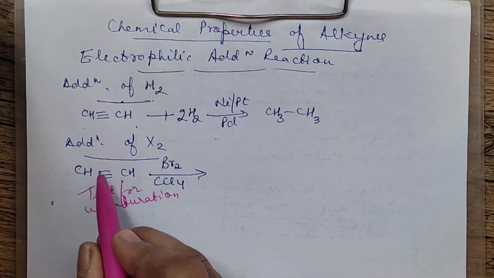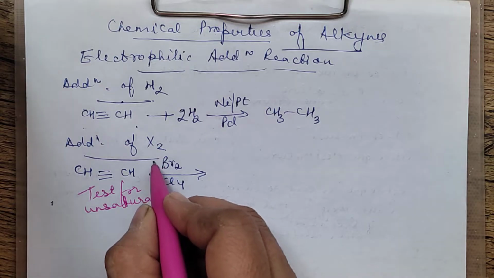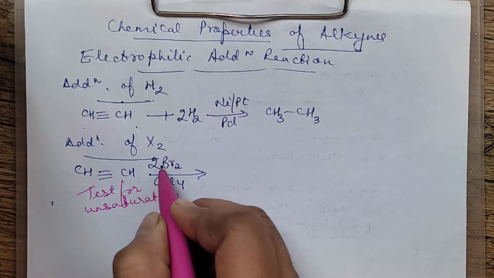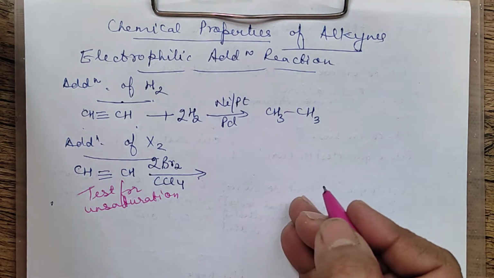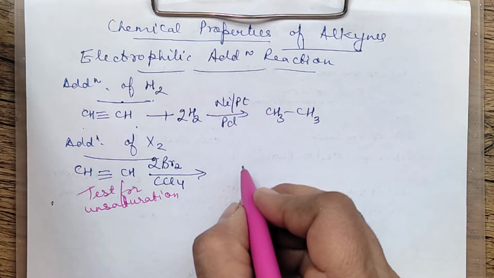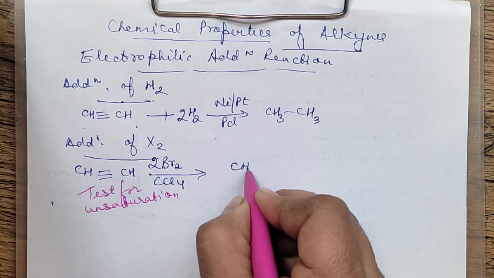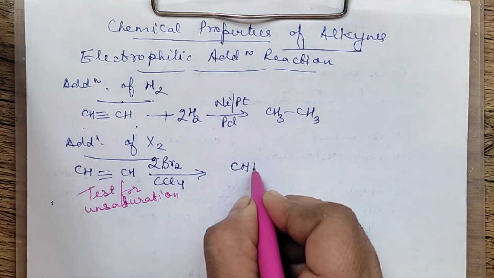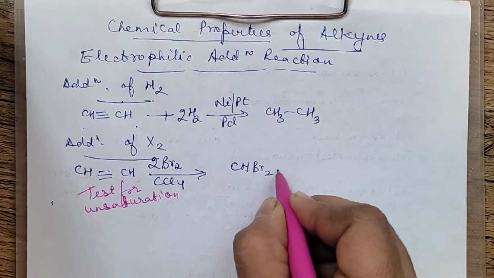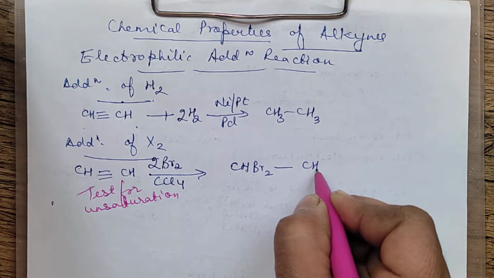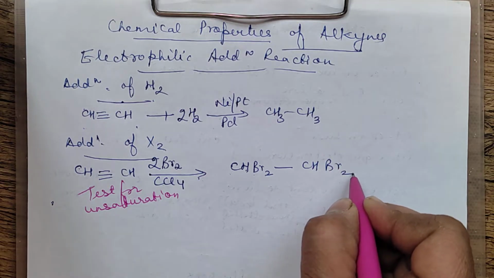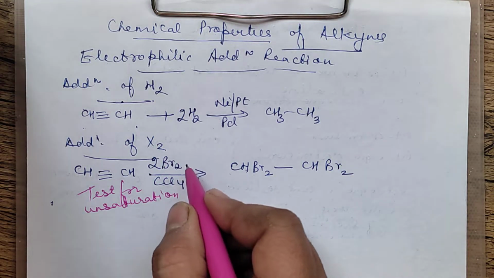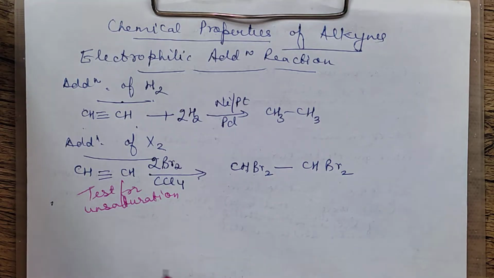Again, there are two pi bonds, so you can add two, and finally you will get CHBr2, single bond, CHBr2, with two bromines added on each carbon. The reddish brown color of the bromine will disappear, so it is a test for unsaturation.